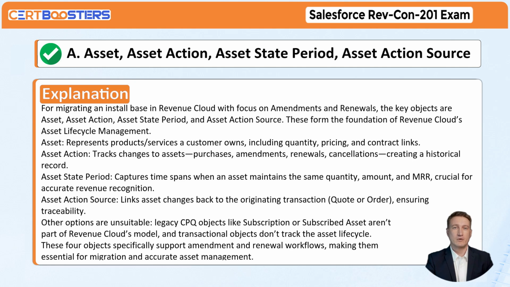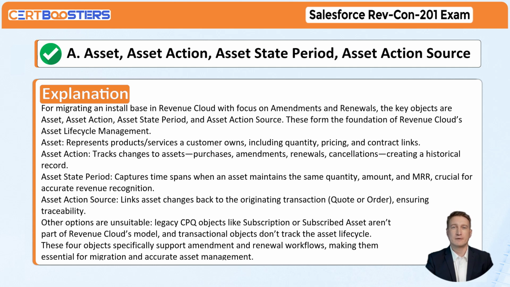Explanation. For migrating an install base in Revenue Cloud with focus on amendments and renewals, the key objects are asset, asset action, asset state period, and asset action source. These form the foundation of Revenue Cloud's asset lifecycle management. Asset represents products, services a customer owns, including quantity, pricing, and contract links.